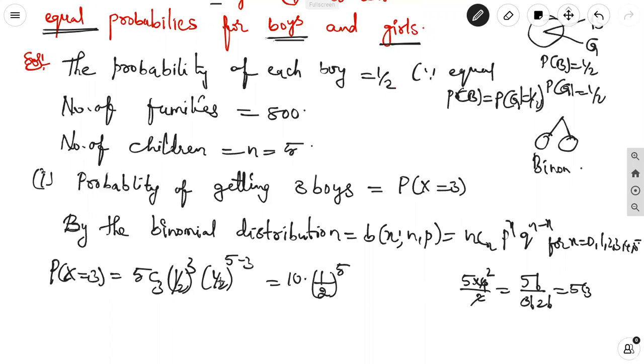Why? Because bases are same, then we can add the powers, then it will be 5. It is equal to 10 by 2 power 5. Simply, 10 can be written as 2 fives, one 2 gets cancelled. That is 5 by 2 to the power 4, which is 16. 5 by 16 is the probability of getting 3 boys.